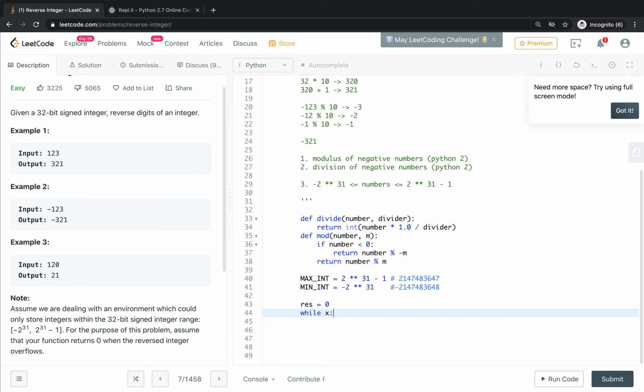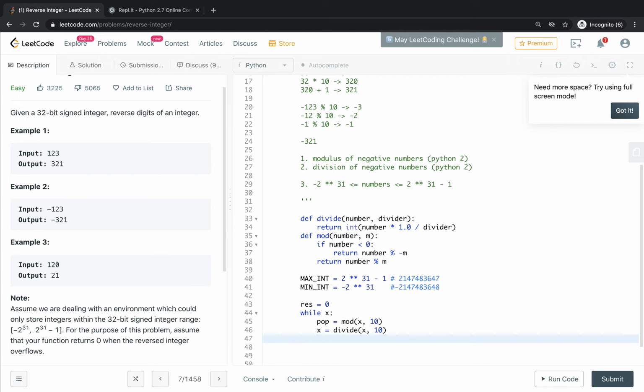While x is not 0, here's our ones digit, so we'll call it pop. We use x mod 10 to get the ones digit. So -123 mod 10 is -3, and we get -3 in pop. Then we make sure to divide x by 10, so that x becomes -12 the next time around.